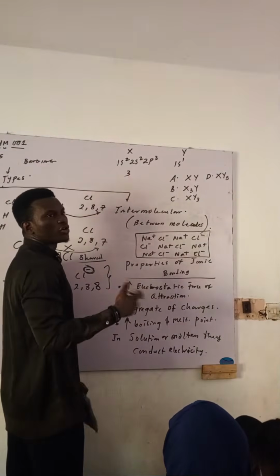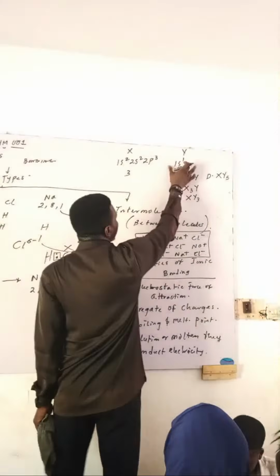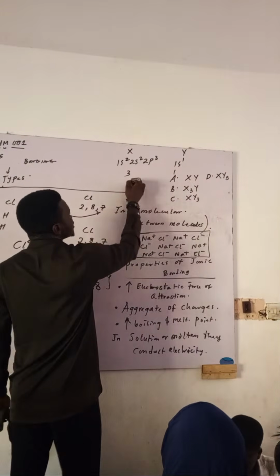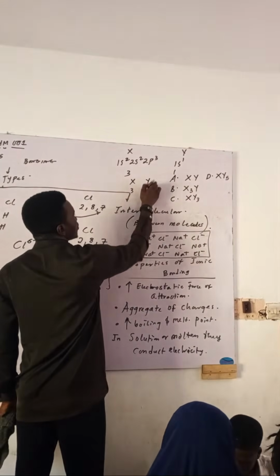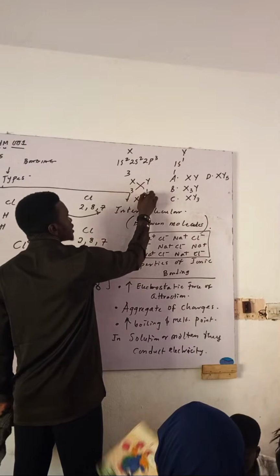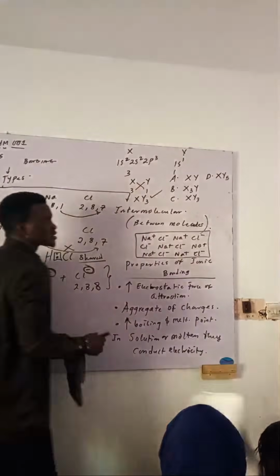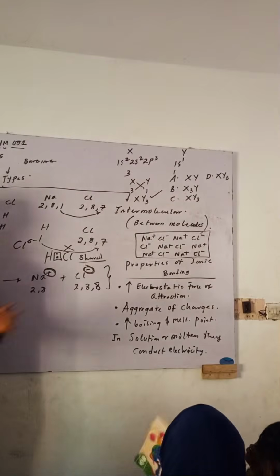You know it can either be 3 or 5. What's the combining power for this? So if you exchange them, this will be X3, Y1. So when you exchange them, that's XY3. That's your answer. Do you get that point?